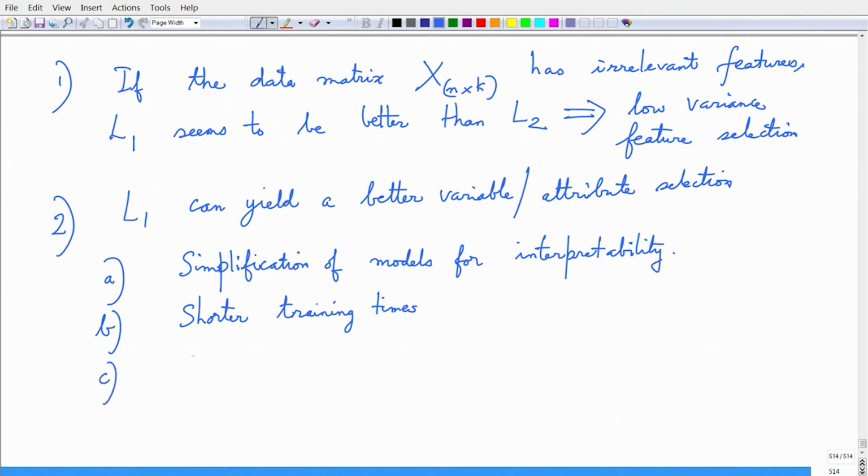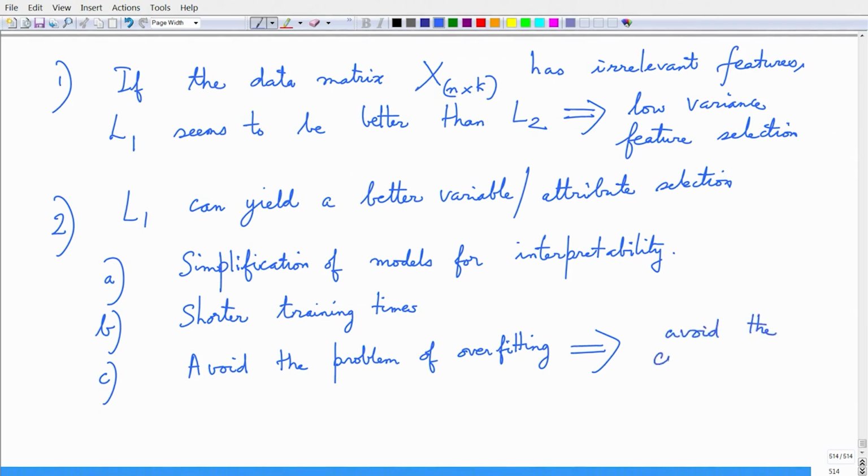And last but not the least, we avoid the problem of overfitting, and this also implies we avoid the curse of dimensionality.